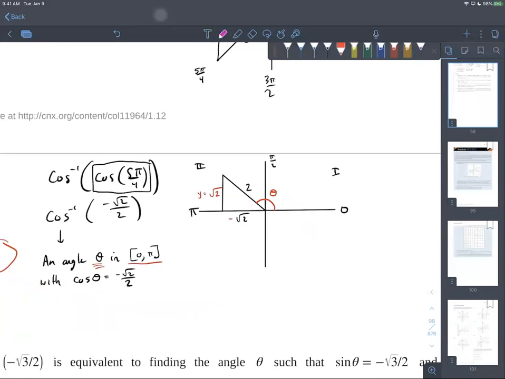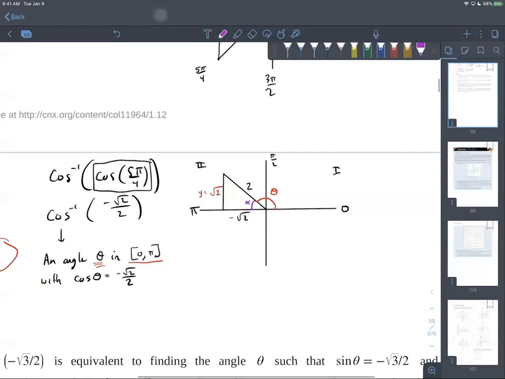We are going to look at this reference angle here, and let's call this reference angle alpha, because I'm going to use it to help me find the angle theta. And hopefully we know now that this reference angle alpha is equal to 45 degrees or pi over 4 radians.